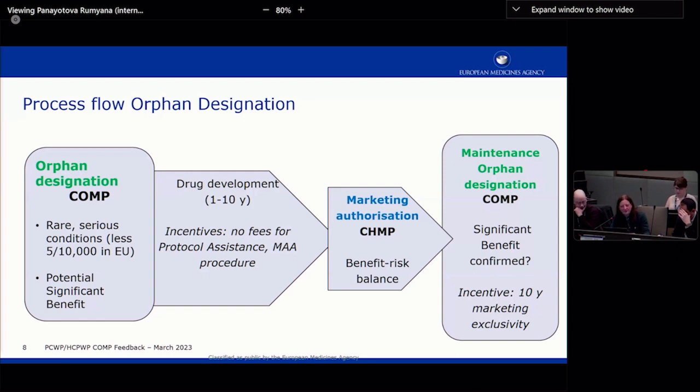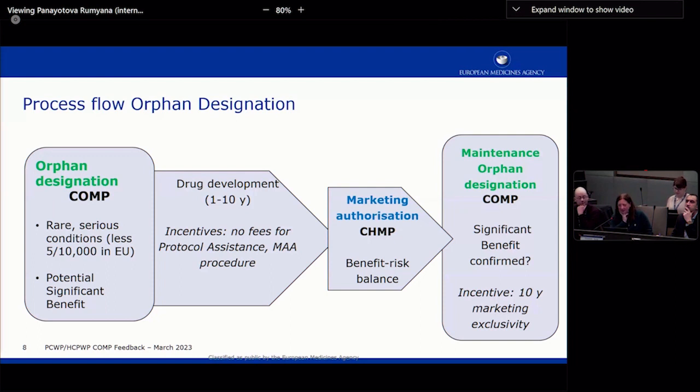There is no fee for academia or small and medium enterprises, or a low fee for the big companies, for protocol assistance, and for the marketing authorization applications, if they come through all this process of drug development successfully, because there's a subsidy from the European Community.